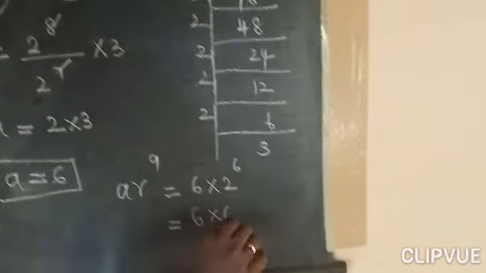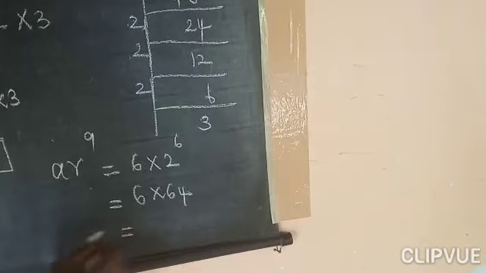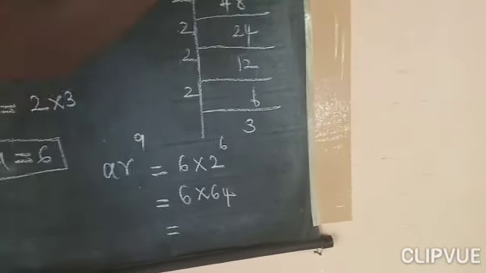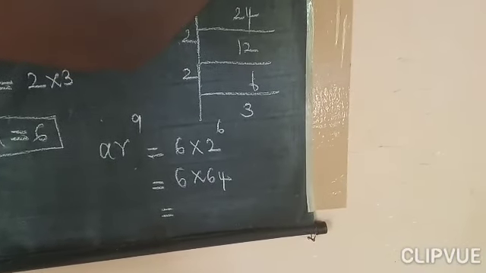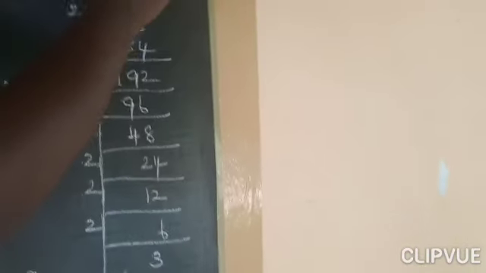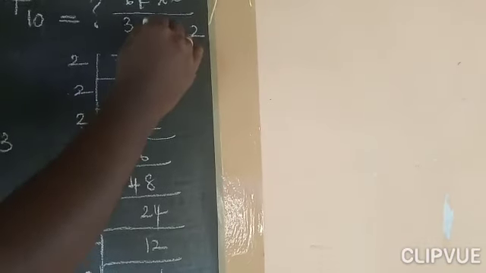So 6 into 64, which is 64 into 6. 6 times 4 is 24, remaining 2; 6 sixes are 36, 38. So 384.